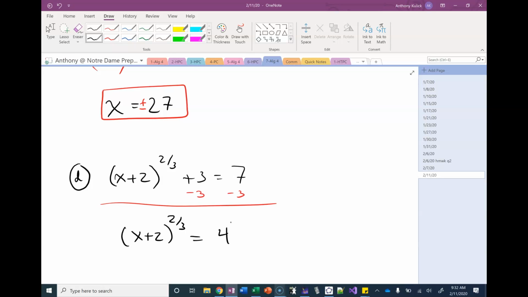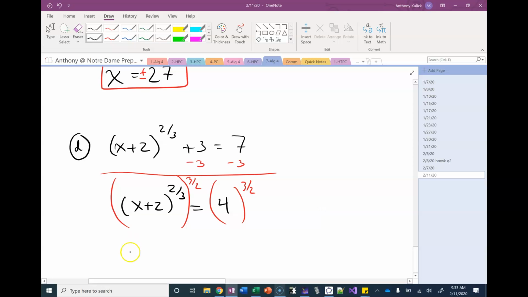What next? Okay. So multiplication is probably not the term that you mean there, because multiplying by 3 over 2 would mean this, which is probably not what you mean. So we're going to apply the exponent of 3 over 2 to both sides.